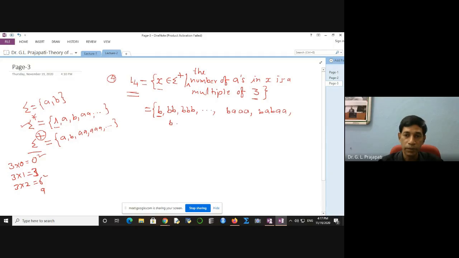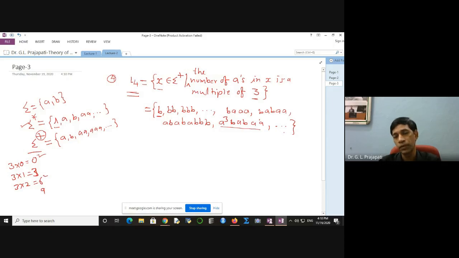A B A B A B, this is also a valid string. You can also have B A B A and A. This is also a valid string because the number of A's in this string is a multiple of 3. So see, your grammar should generate all such strings.